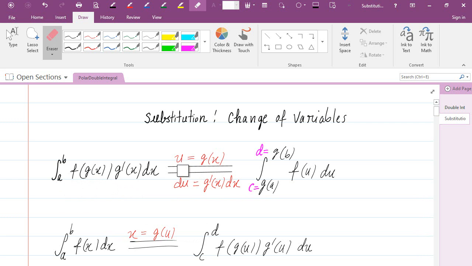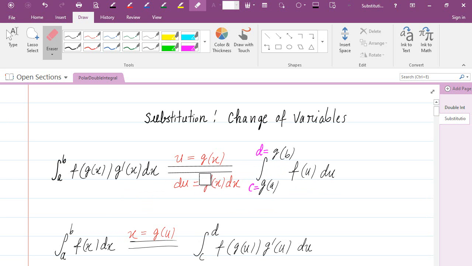And if we substitute u for the inside g of x, and du, the differential of u, is equal to g prime of x dx, then we get this integral of f of u du, where f is the outside function, and the limits of integration for u is from c to d, where c is g of a and d is g of b.